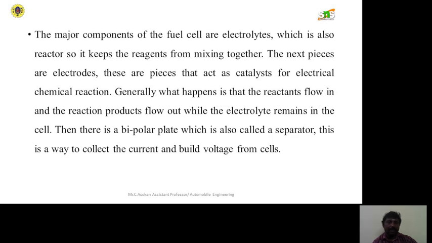Generally, the reactants flow in and the reaction products flow out while the electrolyte remains in the cell. But then there is a bipolar plate, which is also called a separator. This is a way to collect the current and build voltage from cells.